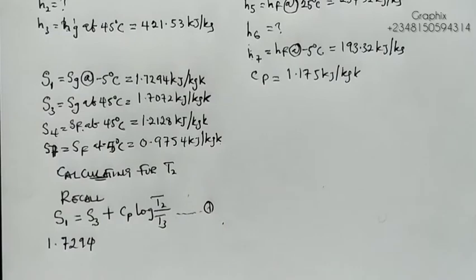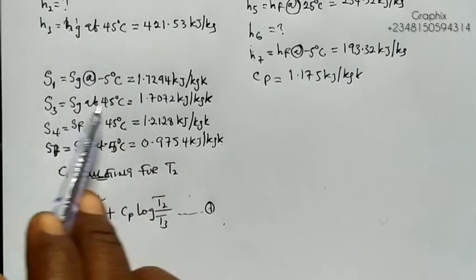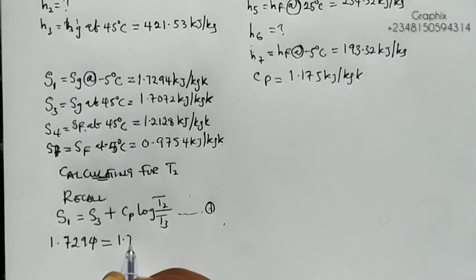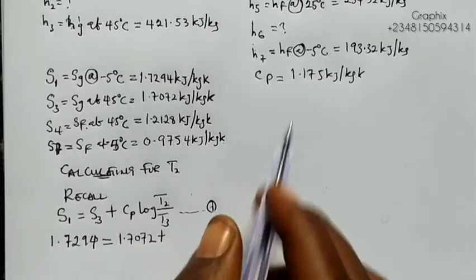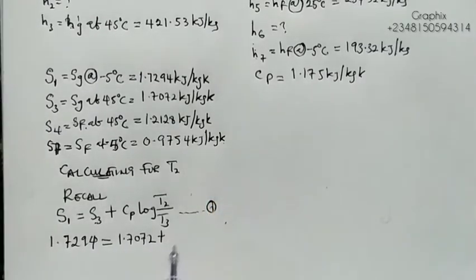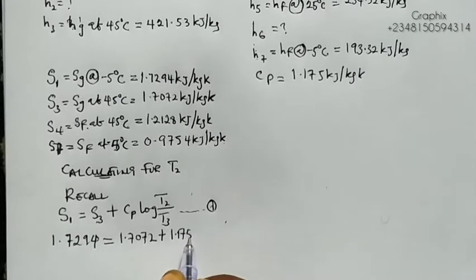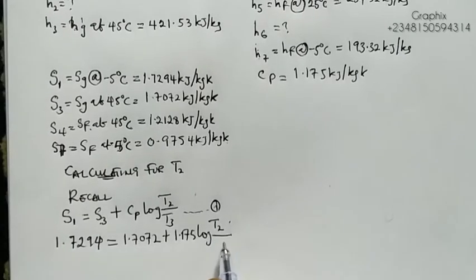So it equals X3, which is given to be 1.7072, plus the Cp, which is 1.175, then log of T2, which we don't know and is what we're looking for, all over T3.